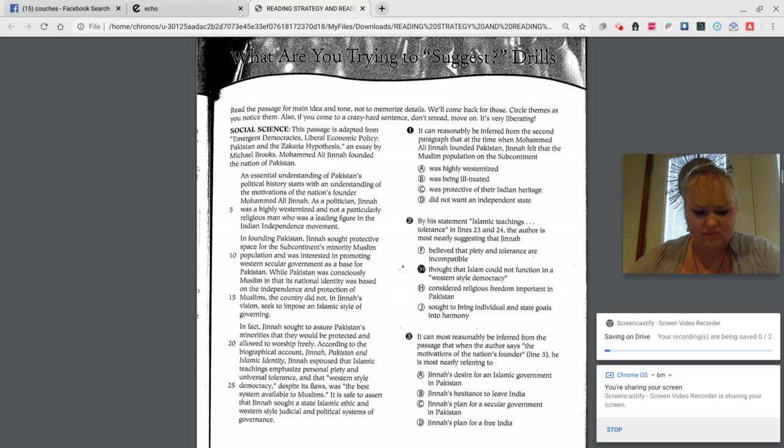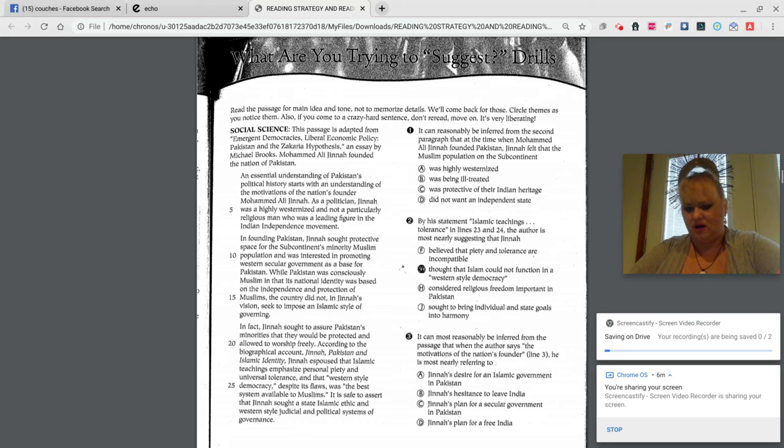According to the biographical accounts, Jinnah, Pakistan, and the Islamic identity, Jinnah espoused, that means he believed, that Islamic teachings emphasize personal piety and universal tolerance, and that Western style democracy, despite its flaws, was the best system available to Muslims. So, personal piety, in this sense, sometimes piety means like you're stuck up or snooty, but in this sense, it means a personal faith that doesn't have to be influenced by other people or doesn't need to influence other people.